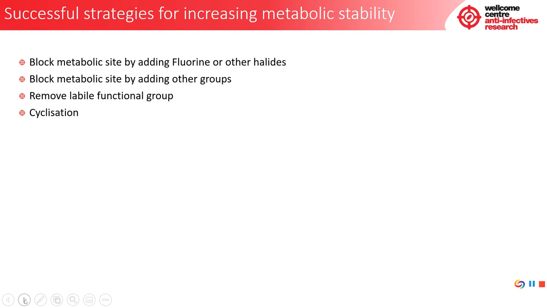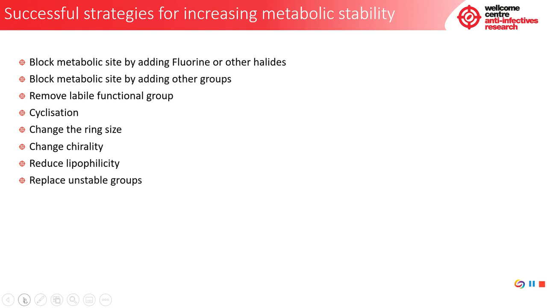We can cyclize the compound and make it more rigid so that it is not easily metabolized. We can change the ring size from a 5-membered ring to a 6-membered ring or vice versa. We can change the chirality of the chemical compound. We can reduce the lipophilicity, and we can replace unstable groups.